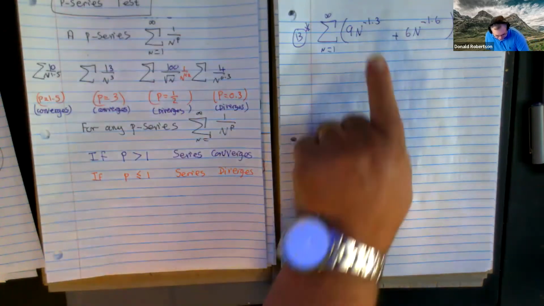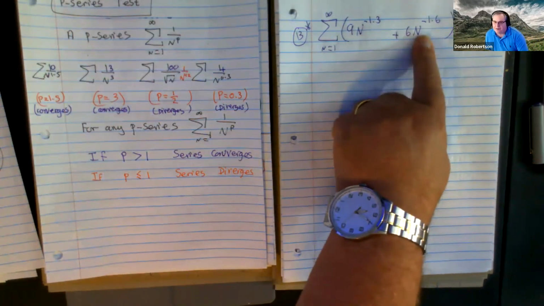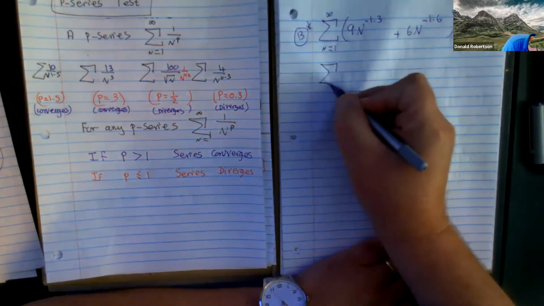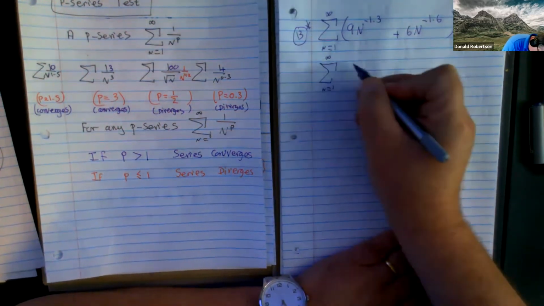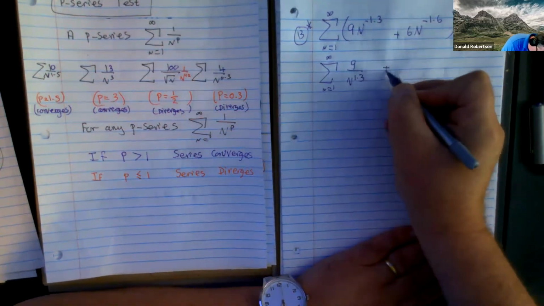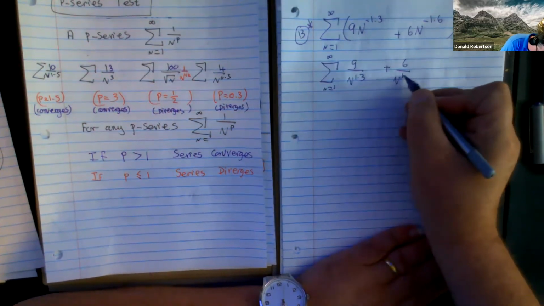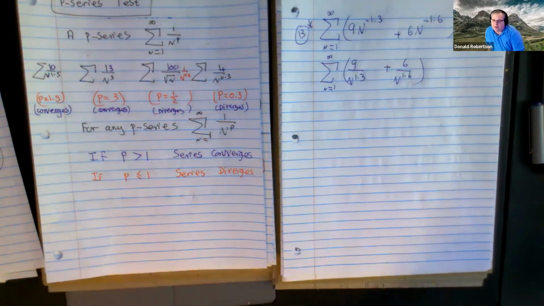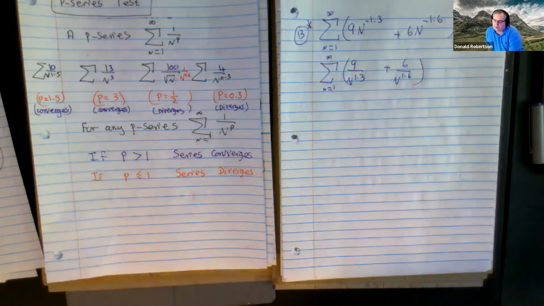For starters, this is not a fraction, right? So that's the first thing I'm going to do. I'm going to rewrite this guy like that and that. Are you comfortable that negative powers can be written as fractions with positive powers?